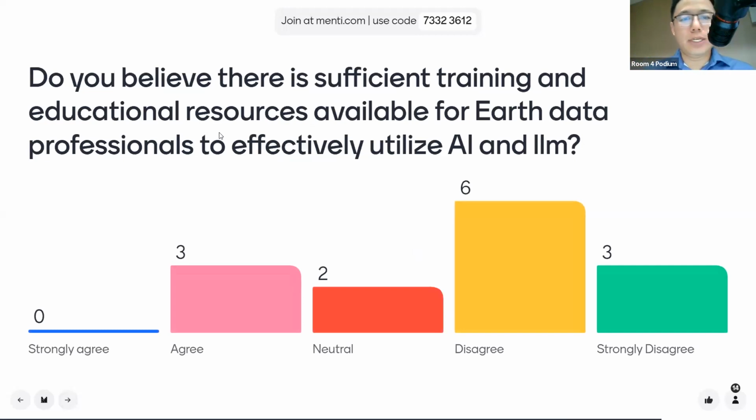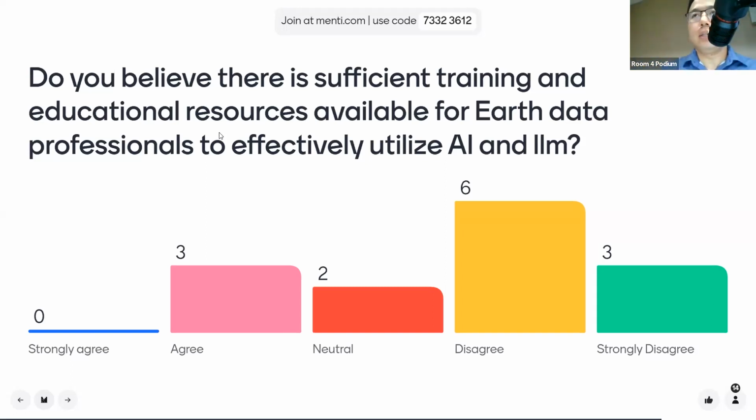Do you believe there are sufficient training and educational resources available for Earth data professionals to effectively use AI and natural language models? It seems that most people disagree.